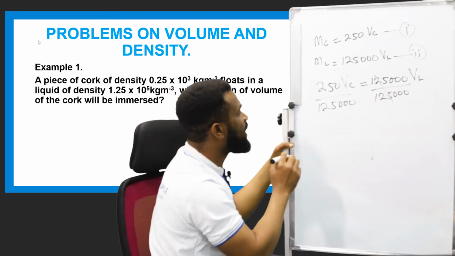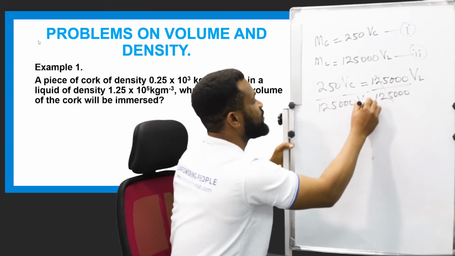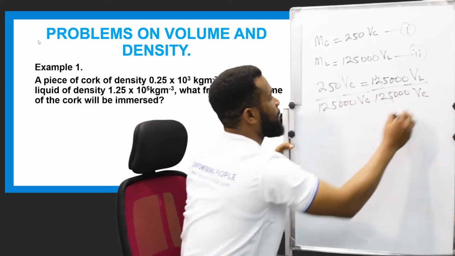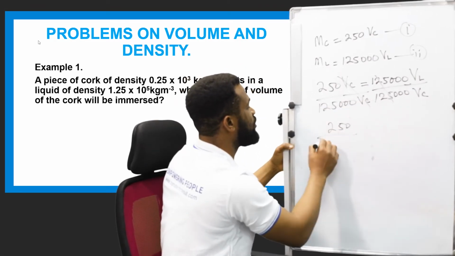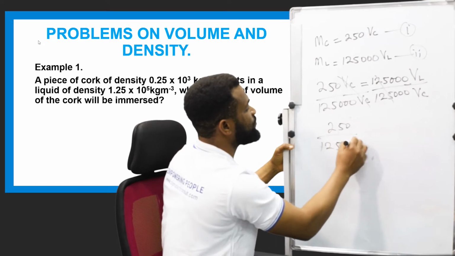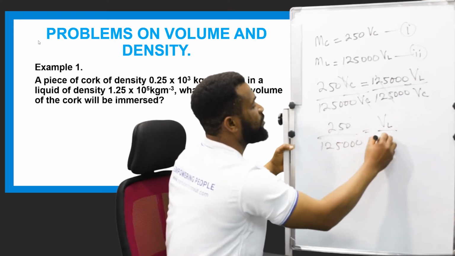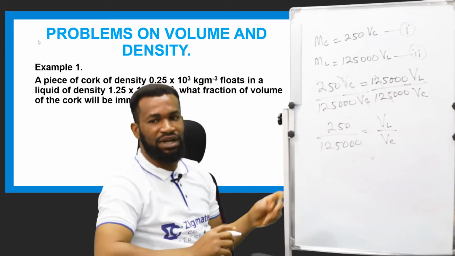Then also I'm going to divide VC on both sides. So VC will cancel. We'll have 250 all over 125,000 is equal to volume of the liquid all over volume of the cork that was immersed.